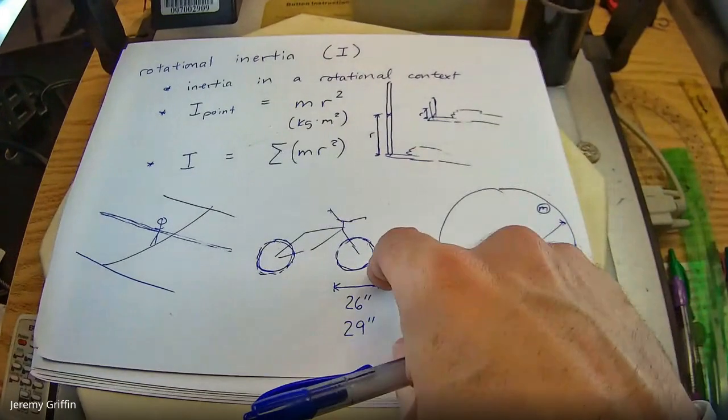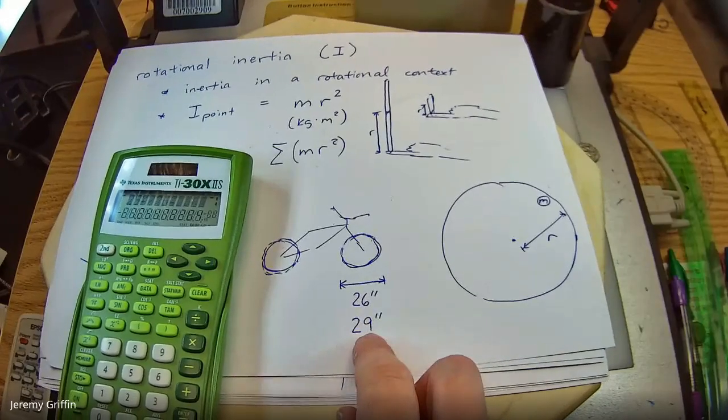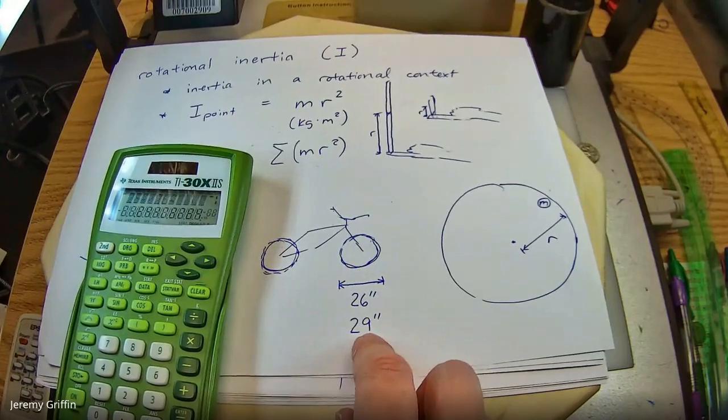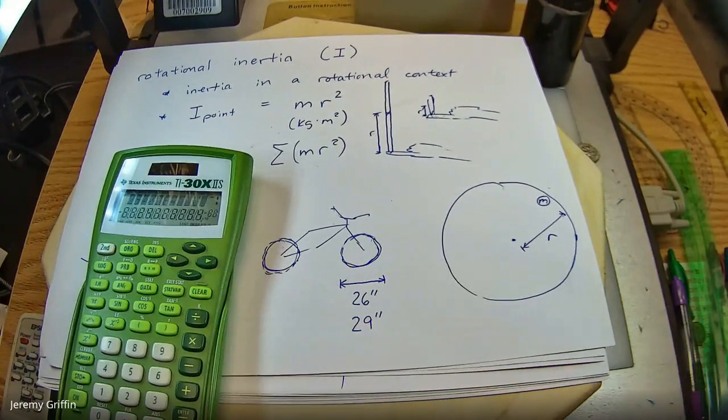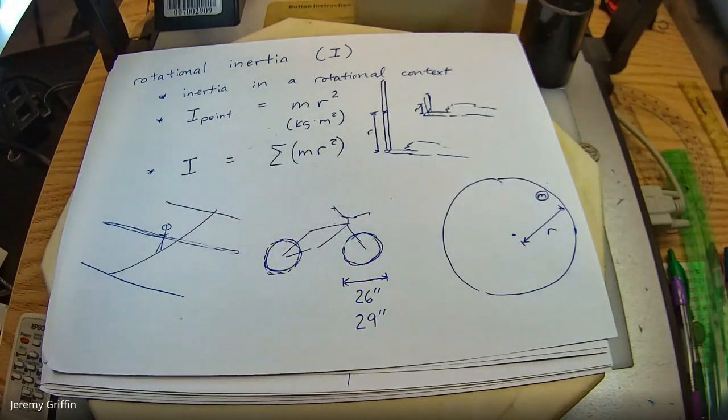And that's even assuming the same mass, which even that's not true. So at least 25%, probably more rotational inertia associated with the 29-inch tires compared to the 26-inch. Yeah. You can feel that difference.